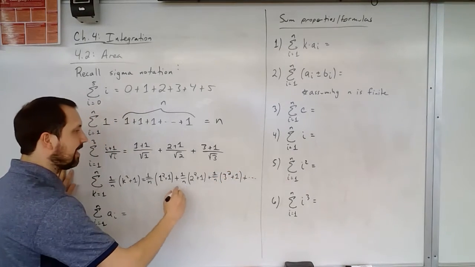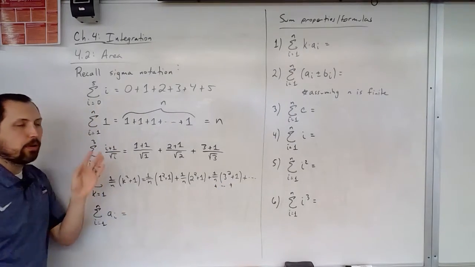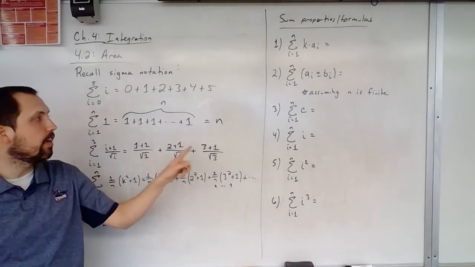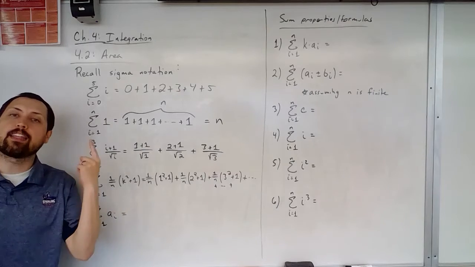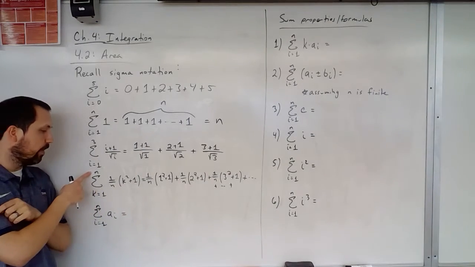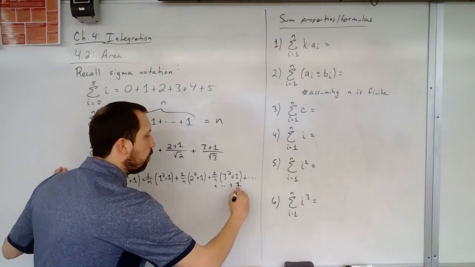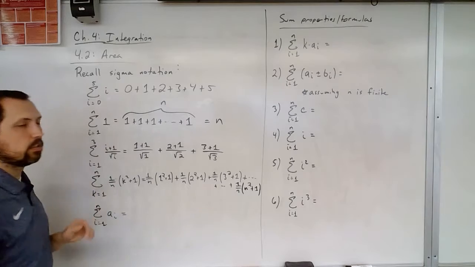And I do this plus dot dot dot thing, so we know that we keep adding on more things. It doesn't just automatically end there. We keep adding more and more of these until we get to the last term. The last term is when k equals n. So this is going to be 1 over n times n squared plus 1.